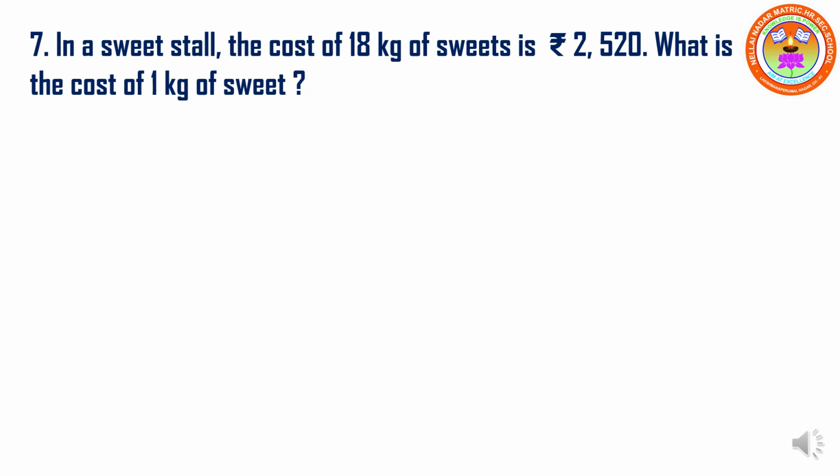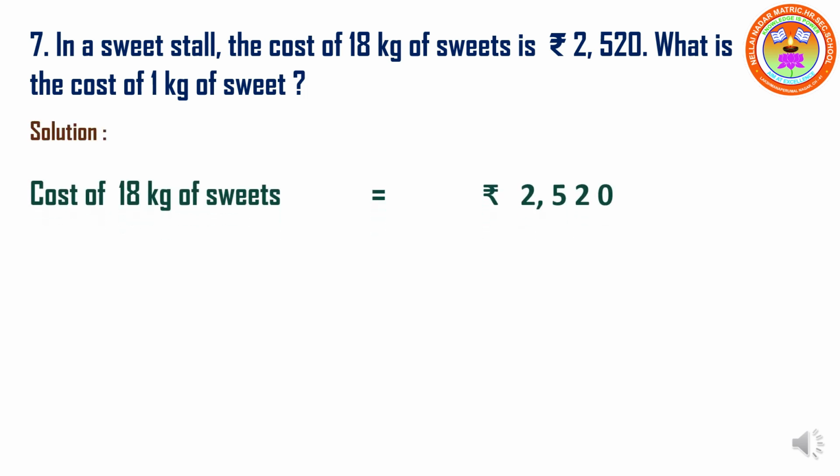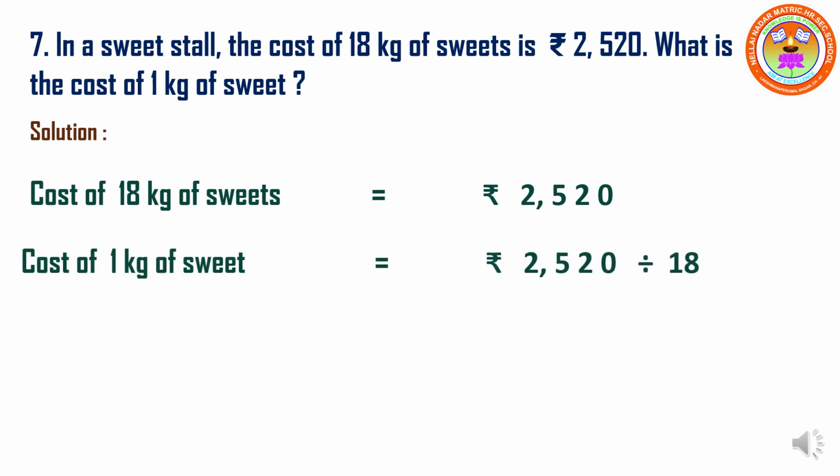So many things have been given and we are supposed to find the cost of 1. So we are going to use the concept division. Okay. Solution: cost of 18 kilogram of sweets is equal to 2520 rupees. Cost of 1 kilogram of sweet is equal to 2520 rupees divided by 18.